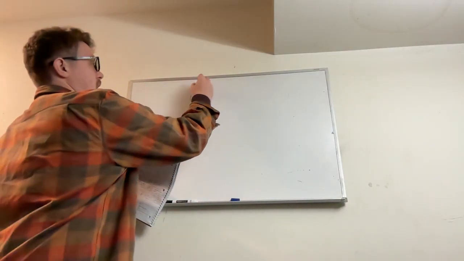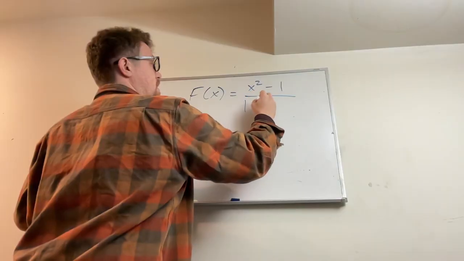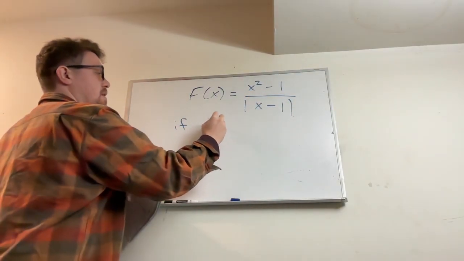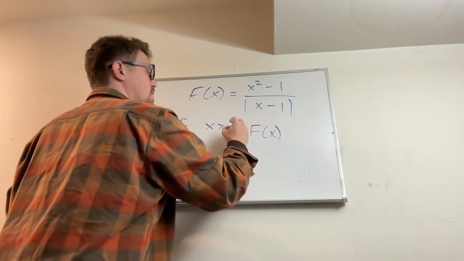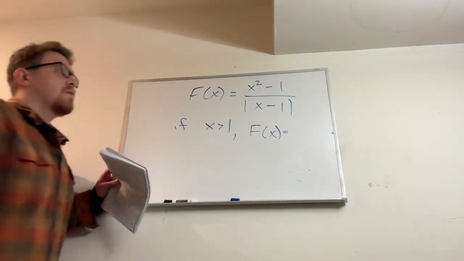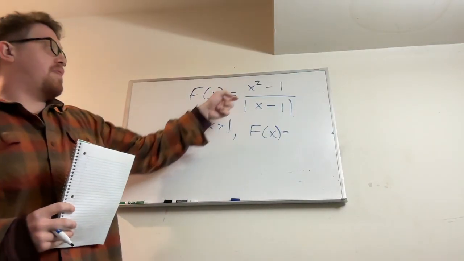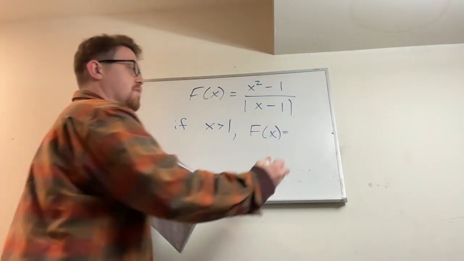So we had f of x equals x squared minus 1 over absolute value x minus 1. So if x is greater than 1, then f of x, well, if x is greater than 1, we said that the bottom was just x minus 1, and then the factor of x minus 1 on the top cancels, so it's just x plus 1.